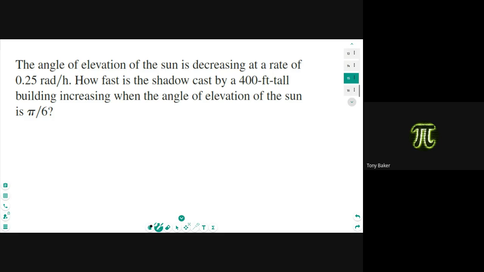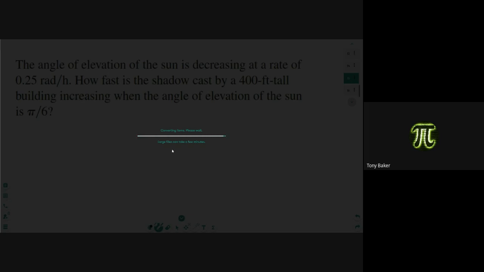Okay, we got the sun. Shadows on the ground.